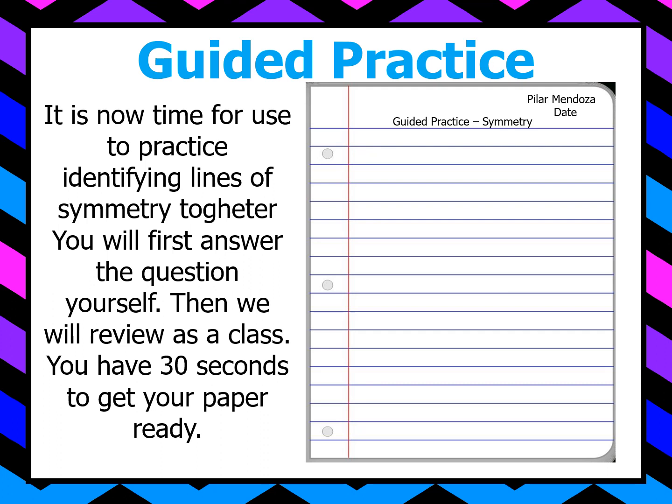Guided practice. It is now time for us to practice identifying lines of symmetry together. You will first answer the question by yourself, then we will review as a class. You have 30 seconds to get your paper ready. Go!